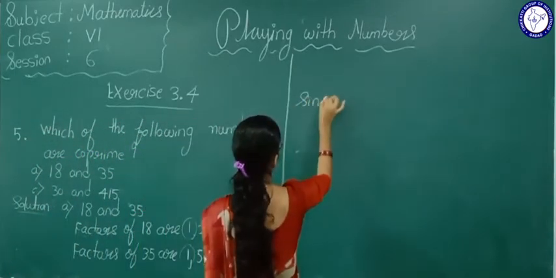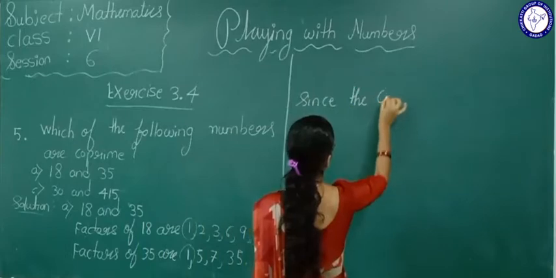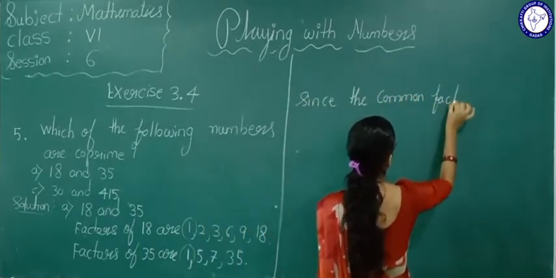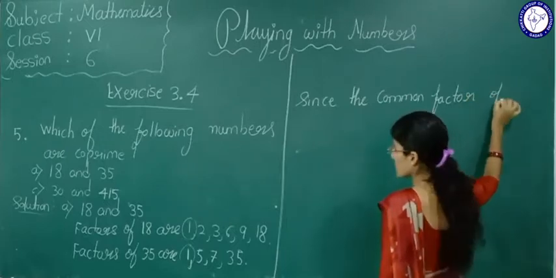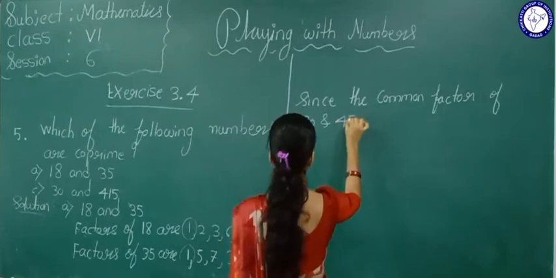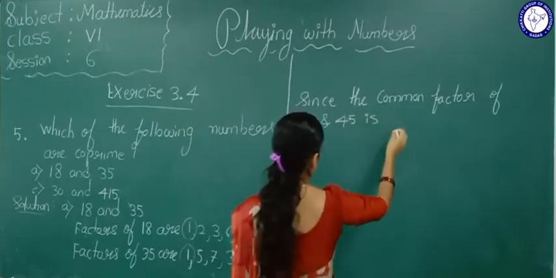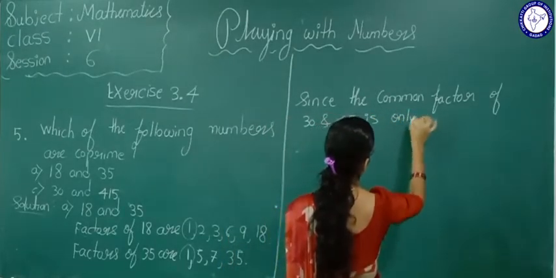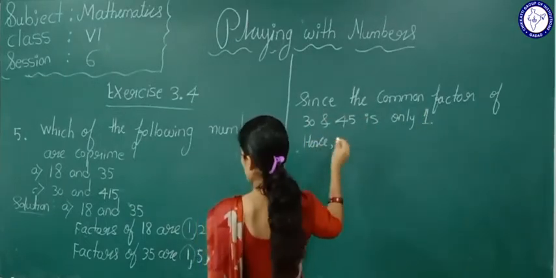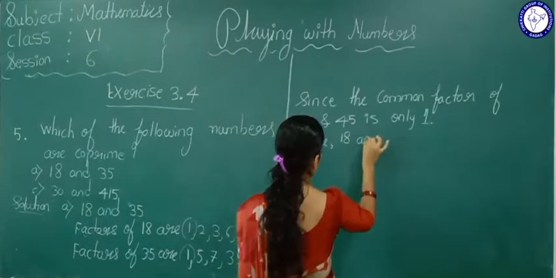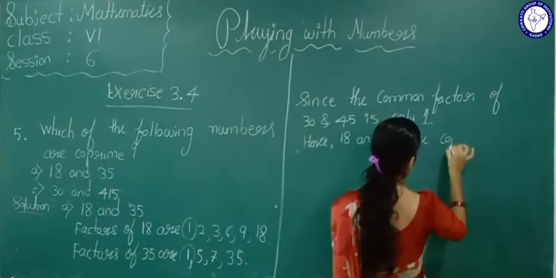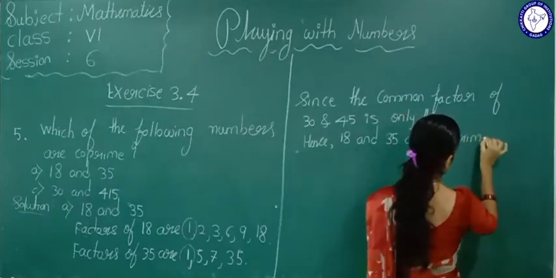Since the common factor of 18 and 35 is only 1, hence 18 and 35 are co-prime numbers.